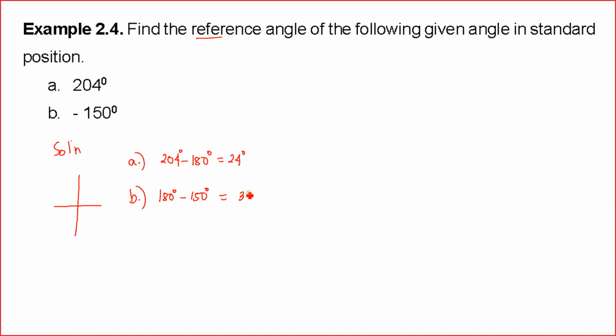In other words, this is negative 150 degrees, and what remains here is 30 degrees to make 180 degrees. So let's proceed.